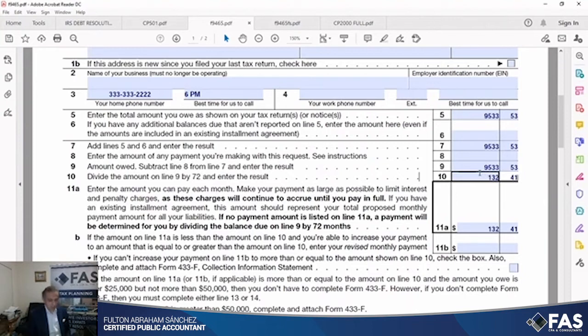Now, I know that 9,533 is a large amount, so maybe do it in 24. 9,533.53 divided by 24 is 397. So I'm going to assume it is 397 with 23 cents.